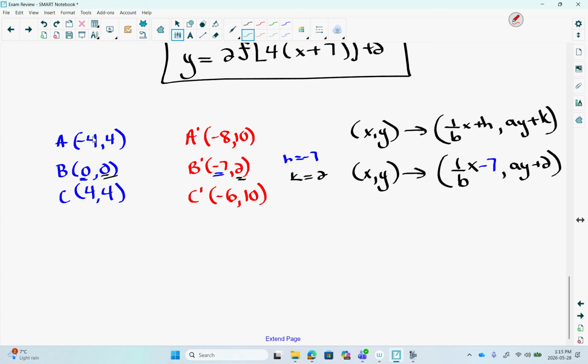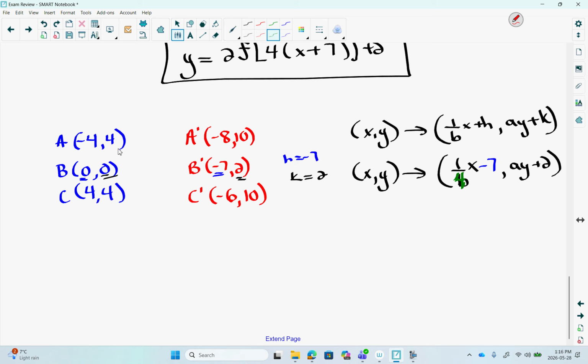What would I have to do to this -4 in order to make it into a -1? Think multiplication. -4 times what would equal -1? It'd be a quarter. This right here would have to be a 4.